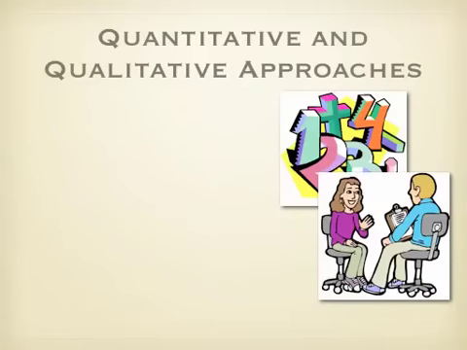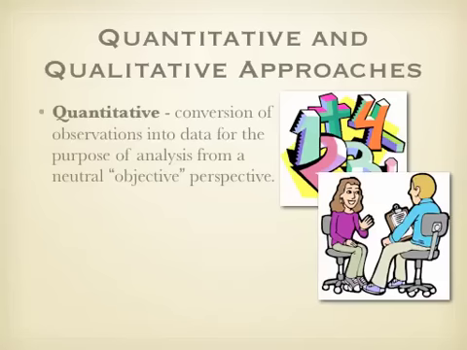Now, there are basically two different kinds of research that we conduct in educational research: quantitative and qualitative approaches. The quantitative approach is for the number folks, where you convert your observations into some kind of data to be able to manipulate in some way, a t-test or an ANOVA, a correlation or a regression, some way to reduce the observations into a number.